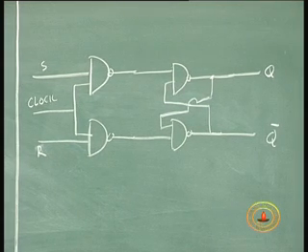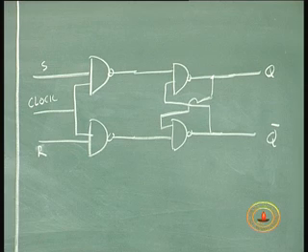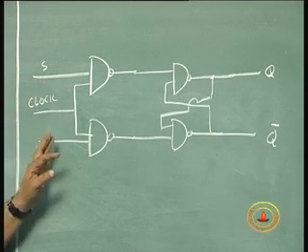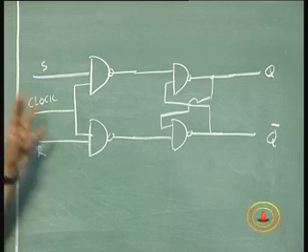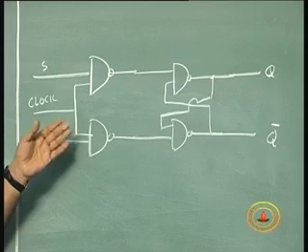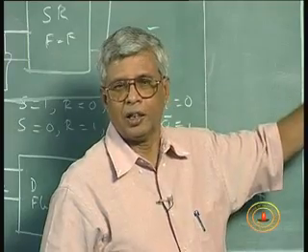It will work as a normal flip flop, storing 1 if you put S equal to 1, R equal to 0, storing 0 when you put S equal to 0, R equal to 1, and put 0 0, it will keep whatever you have stored. Now the clock is an extra thing, with the clock only it works, without clock again it remains storage.